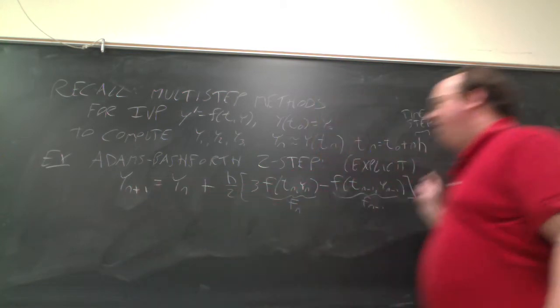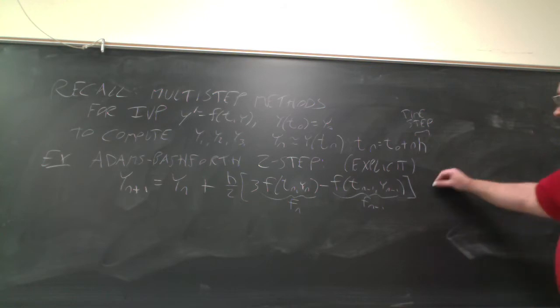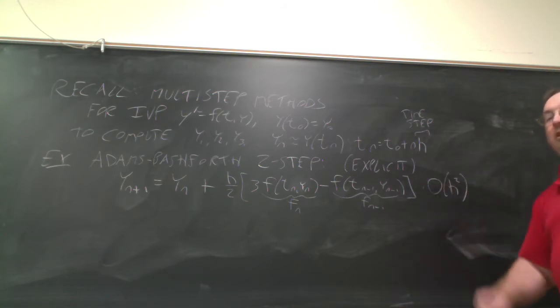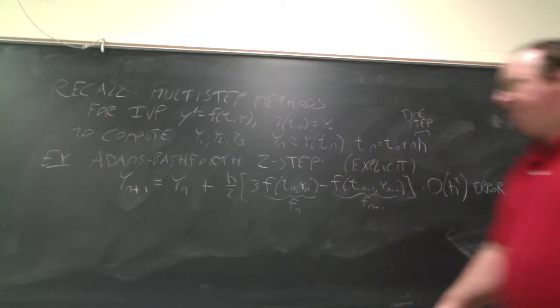So you can just plug and chug on the right side, get the value on the left side. And it is second order accurate, order h squared error. Okay. So that's one example of a multi-step method.